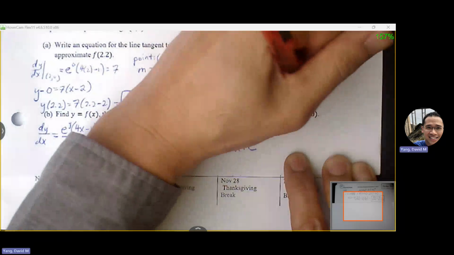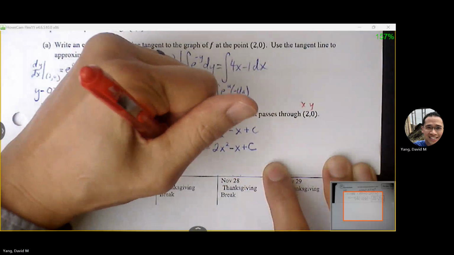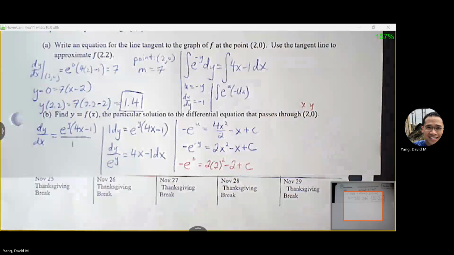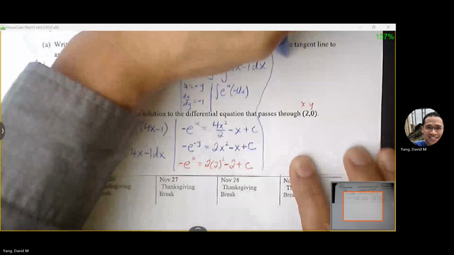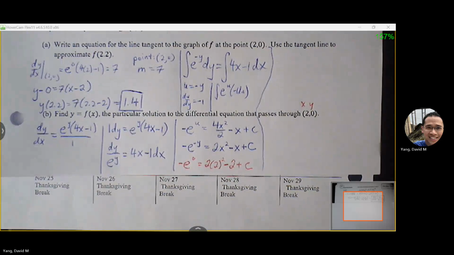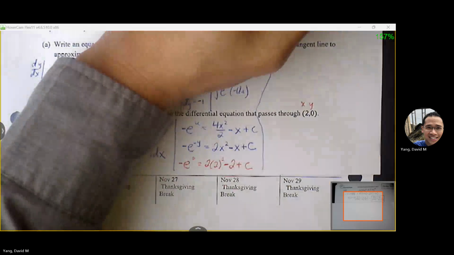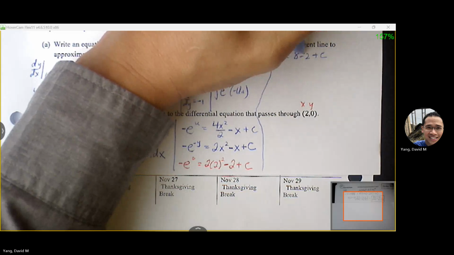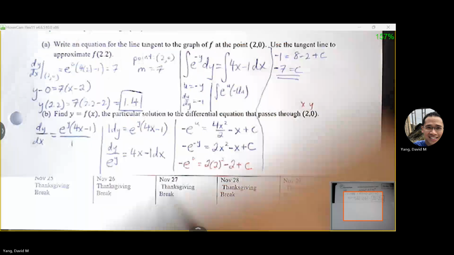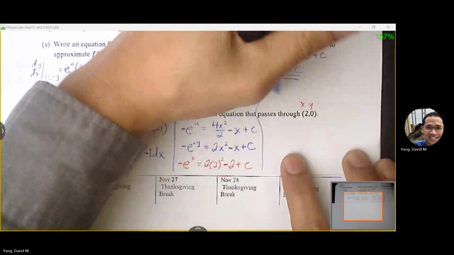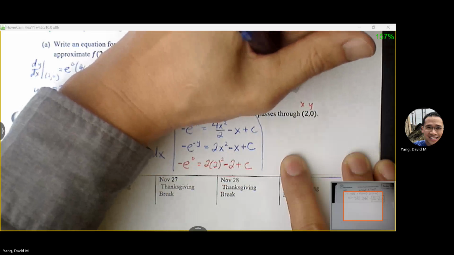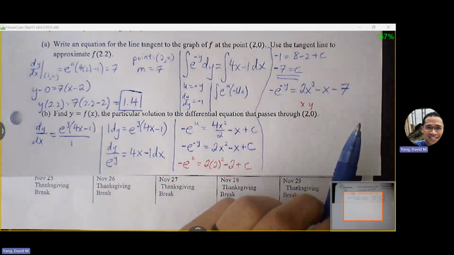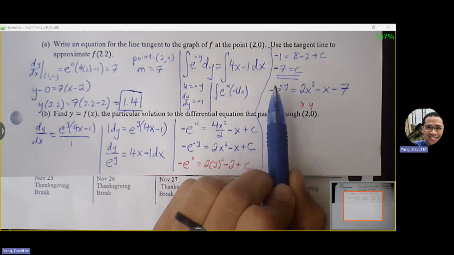So my ordered pair is 2, 0. So 2 in for x, 0 in for y.